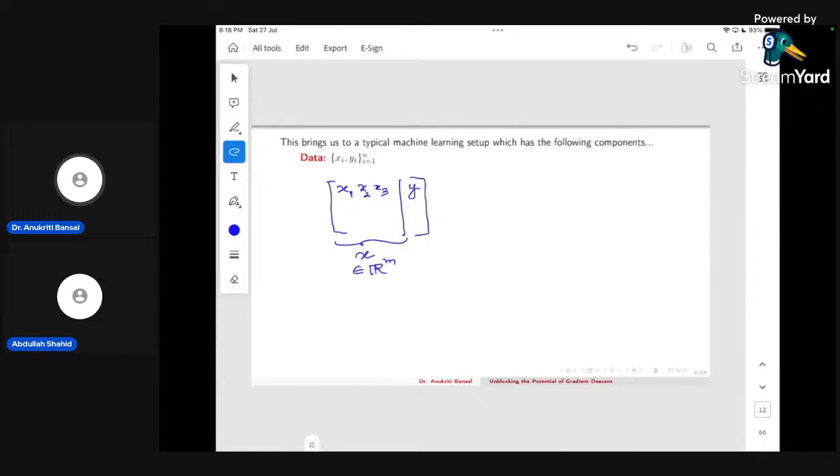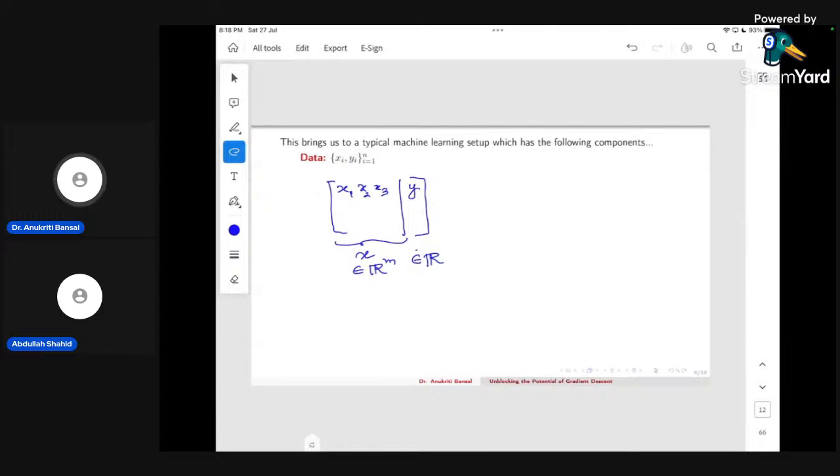So this y is my rating, and this belongs to R. It's a single valued output right now, a scalar, we can say.